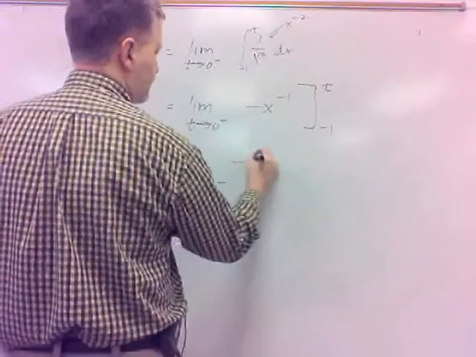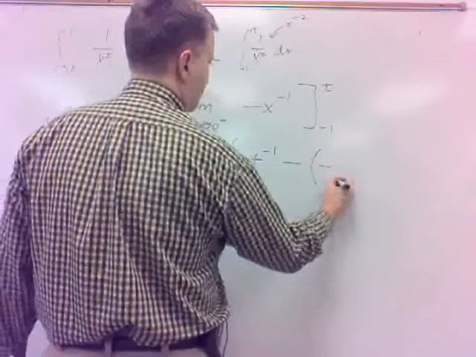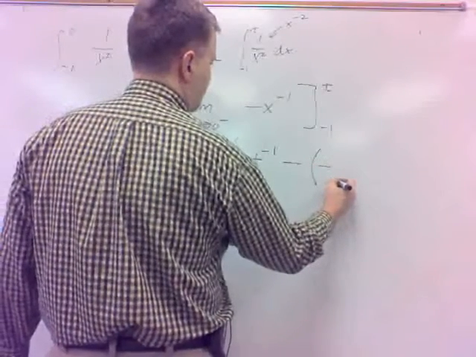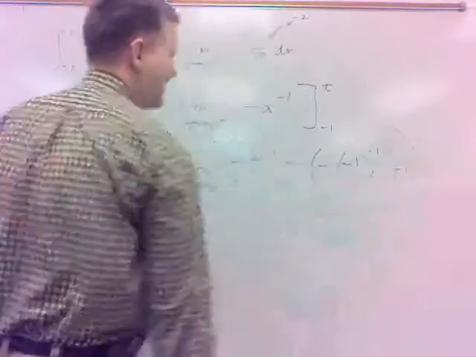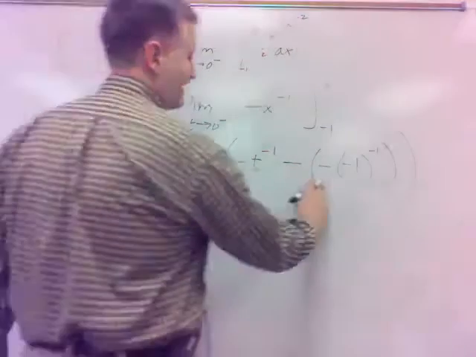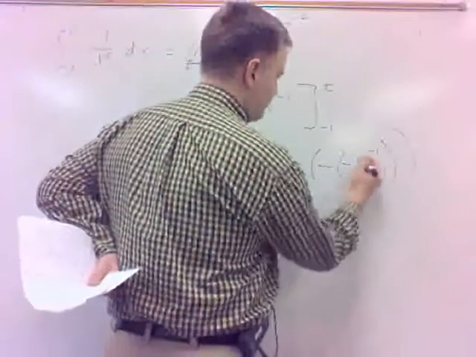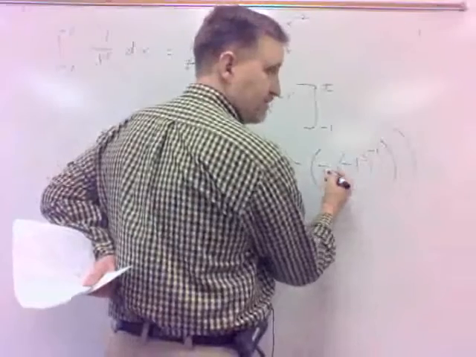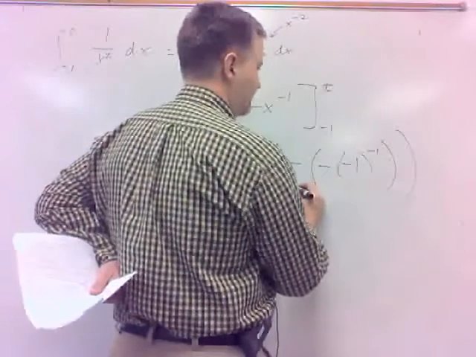All right, so it'll be negative t to the negative 1 minus negative 1 to the negative 1. Be sure you get all those negative 1s in there. What have I got? A lot of parentheses. I think this, actually, that's negative 1. Then I've got a positive 1, but then it's behind another. I think it's just minus 1 here. This goes to minus 1.